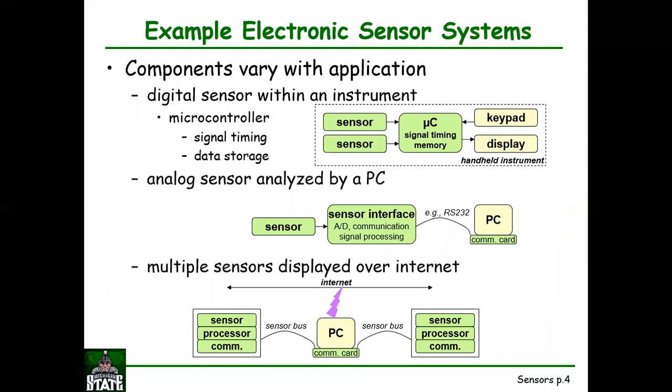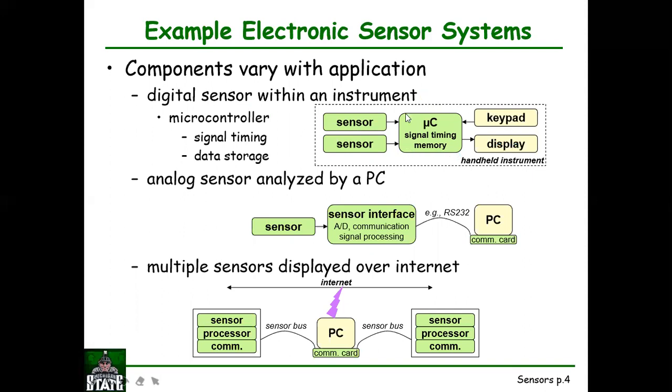Next is your example of electronic sensor systems. So first you can see a digital sensor with an instrument, right? In an instrument, as I have told, we need a microcontroller to connect your sensor with your display.